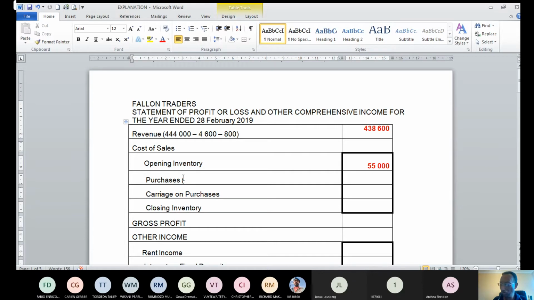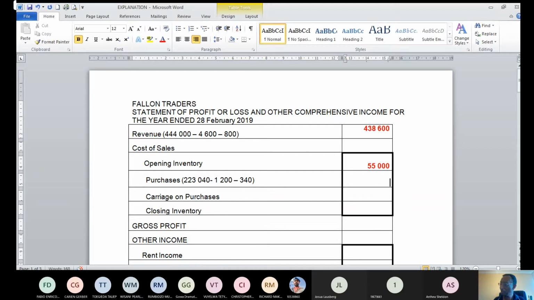The net purchases is equal to the purchases of 223,040, as per the actual question, minus your purchases returns. Your purchases returns was the amount of 1,200 minus settlement discount received of 340 Rand, and that will give you a purchases amount. Then the net purchases is 221,500.